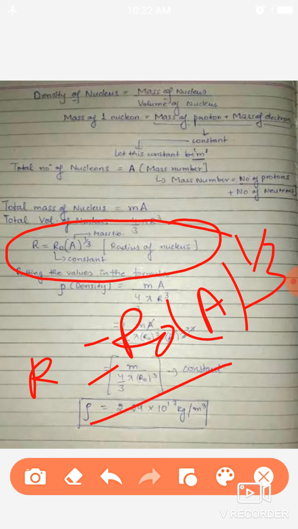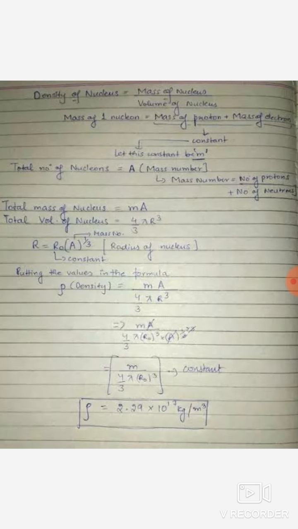Here R equals radius of any nucleus, R0 equals a constant, the Fermi constant, 1.6 times 10 raised to the power minus 15, and A is the mass number of nucleus. By help of this we can find out the total radius of nucleus.